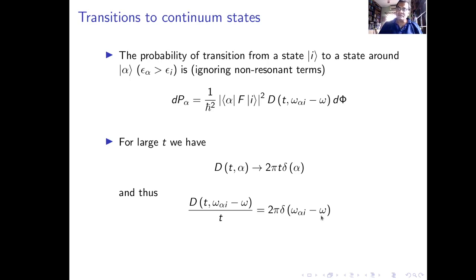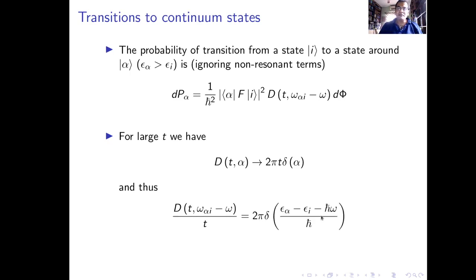Now just remember that omega alpha I minus omega is nothing but epsilon alpha minus epsilon I by h cross, minus omega. So when you bring this in the numerator, it becomes minus h cross omega here. So this is what d_t behaves like for large t, just like a delta function.